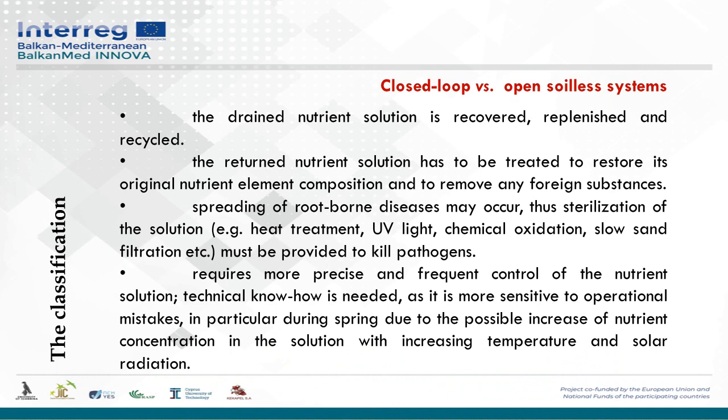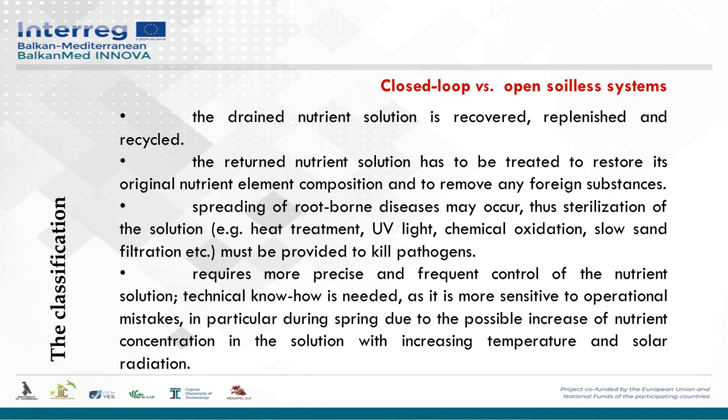And next, in the closed soilless production system, there is a high risk of spreading root-borne diseases. Maybe there are plants which are affected by specific diseases, and by recirculating the nutrient solution, we may spread it over the entire greenhouse.